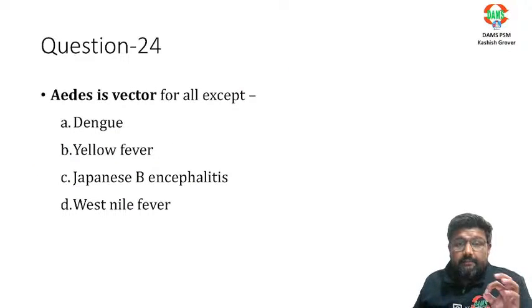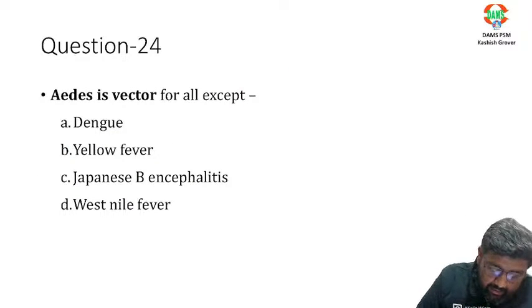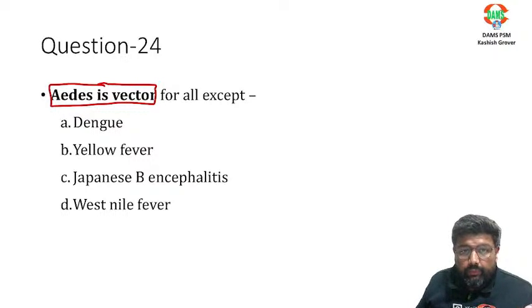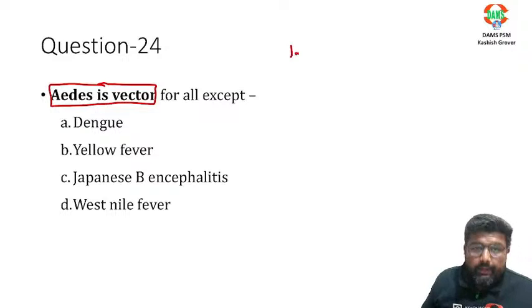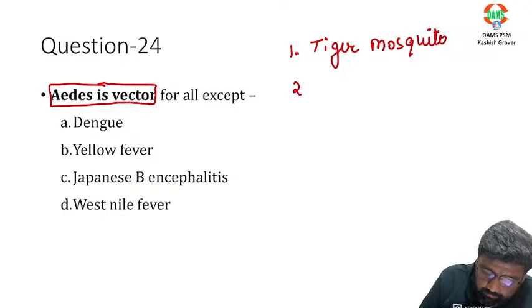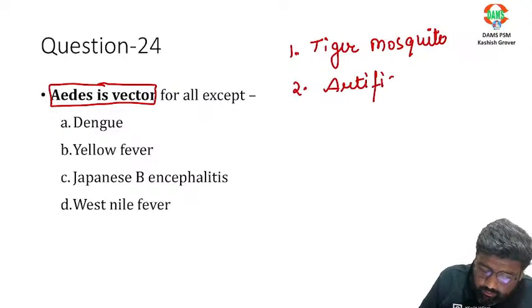Now Aedes is vector for all. Aedes mosquito. I want to tell you few points about Aedes. It is also known as tiger mosquito. It breeds in artificial collection of water.